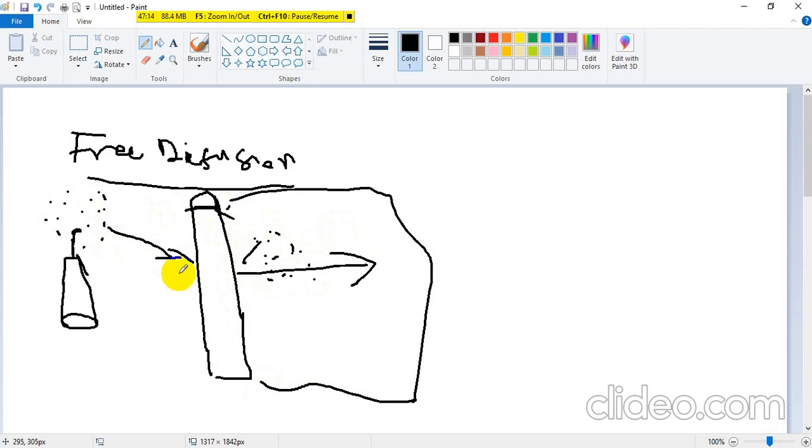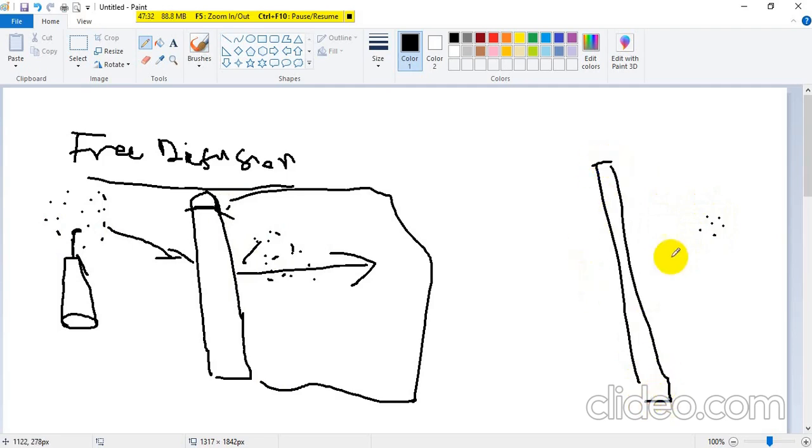Equilibrium, or free diffusion. Okay, what if I have some molecules over here, 5 of them, and I have a barrier over here, and these molecules are able to move? There are plenty of molecules here and few here, and these few are moving from here to here.